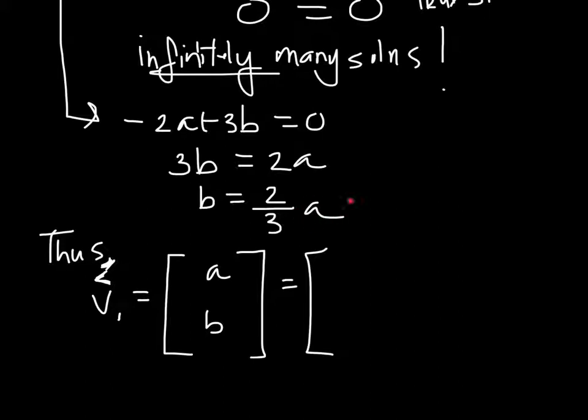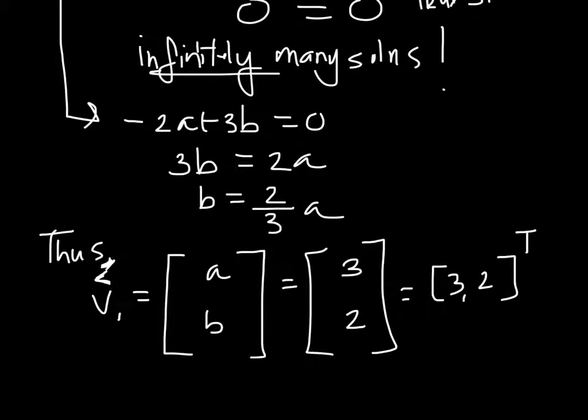Because if a is 3, then b is 2. So I get (3, 2). The book writes it as (3, 2) transpose, because the transpose of this row vector is the column vector, and the book wants to save space when they publish. But it's the same thing.